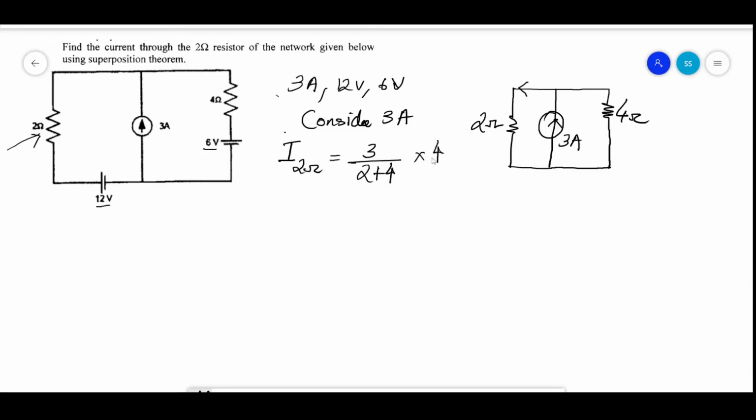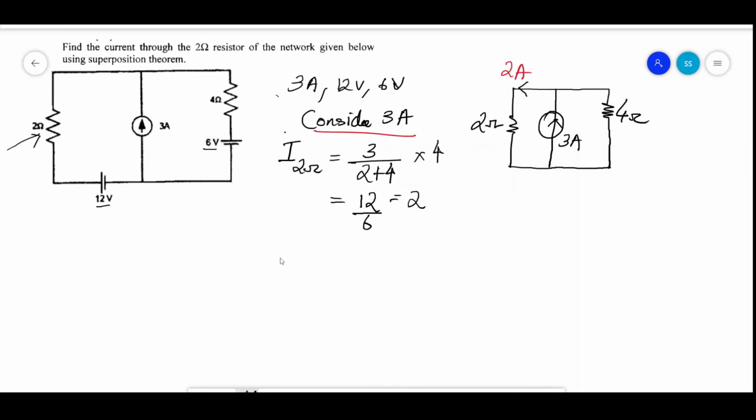That is 12 divided by 6, which equals 2. So 2 ampere current will be going through this 2 ohm resistor due to this. So in case 1, considering the 3 ampere source, the current through the 2 ohm is 2 ampere.